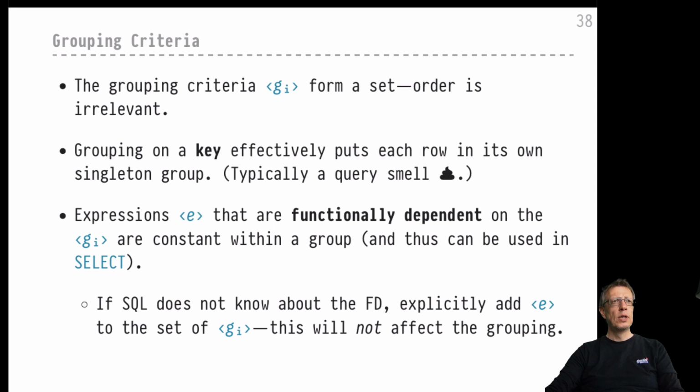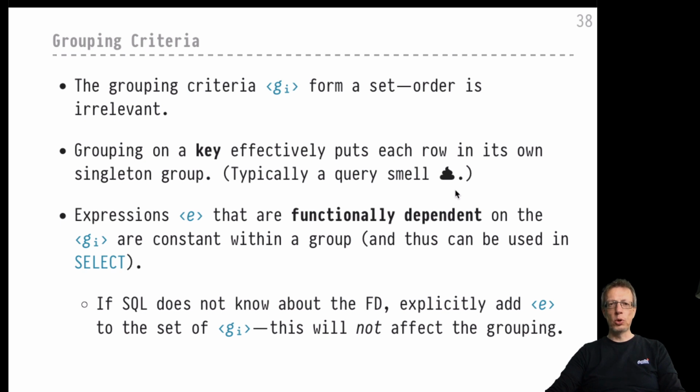Okay. If these grouping criteria effectively contain a key for the rows that are fed into the group by, then that's a particularly strange case because no two rows agree on their key value. So all the groups that are being formed here using a group by would contain exactly one row.